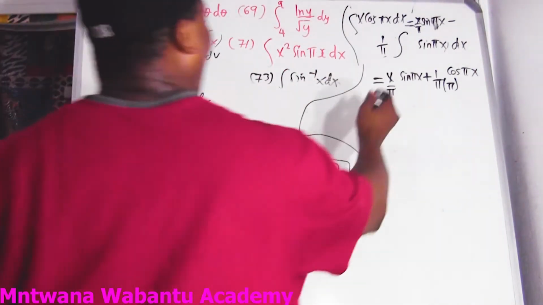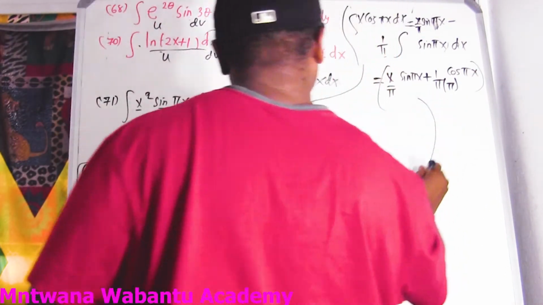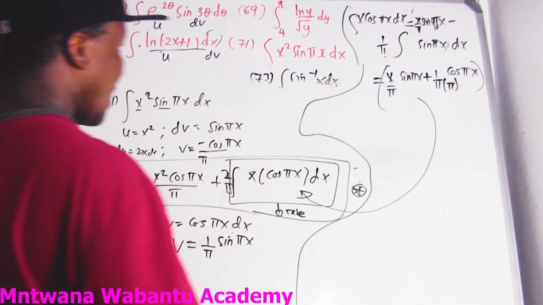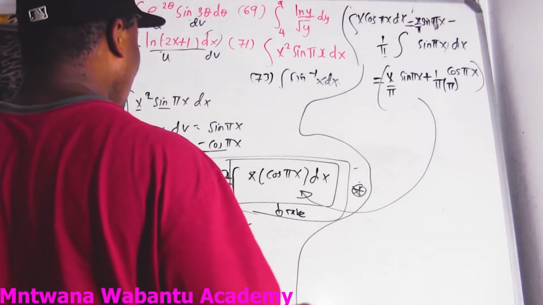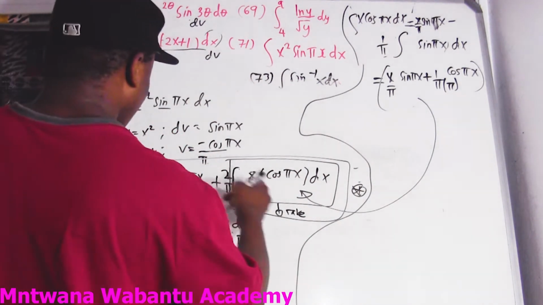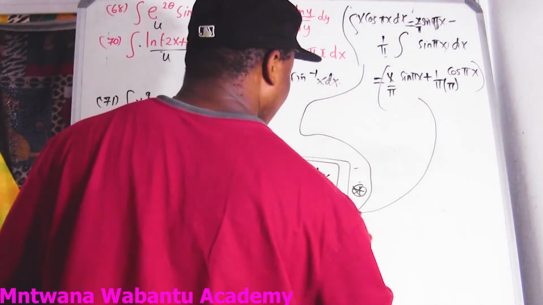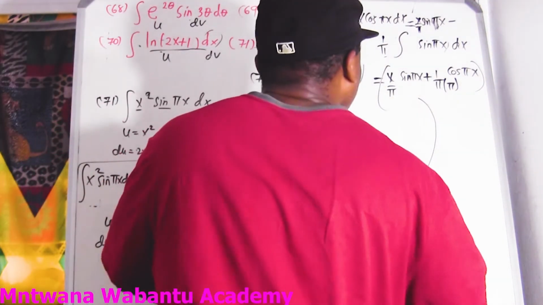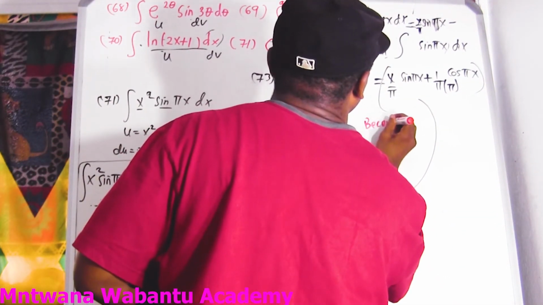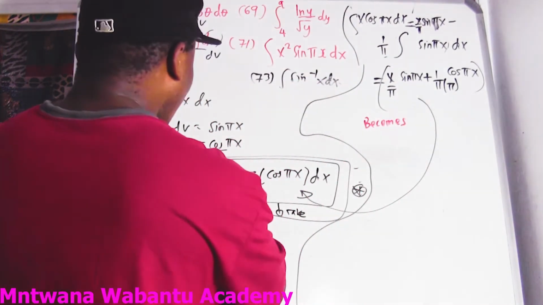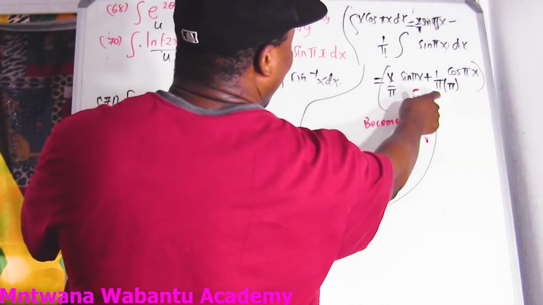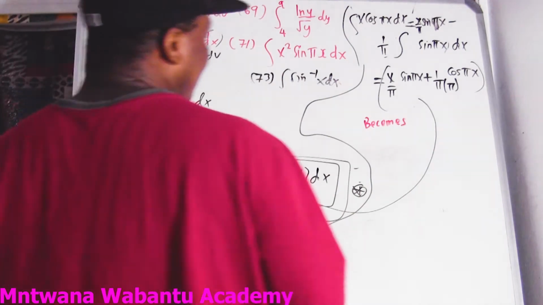Now we take this and substitute back. Let's take the 1 over pi and put it in there.